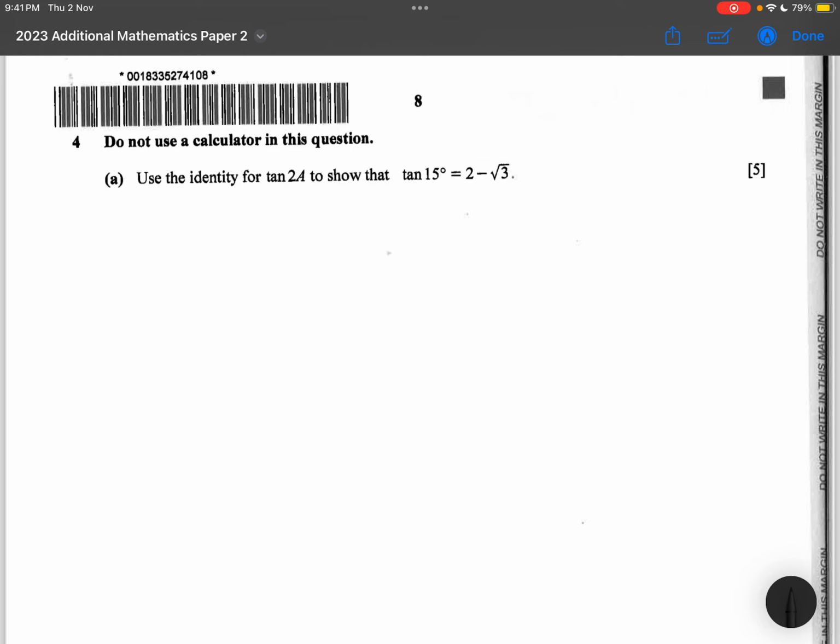So when we look at this question, what we have to recall is our special angles. We have 0 degrees, 30 degrees, 45 degrees, 60 degrees, and 90 degrees. I realize that 30 degrees is 2 times 15 degrees, so in this case I will use 30 degrees for my 2A.